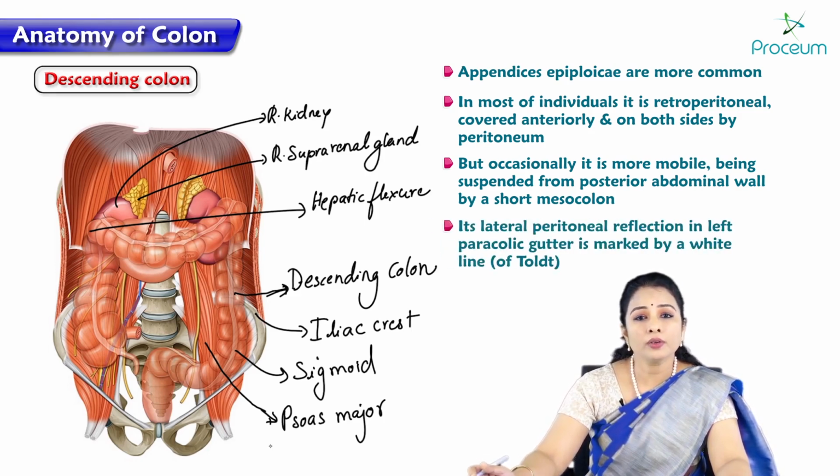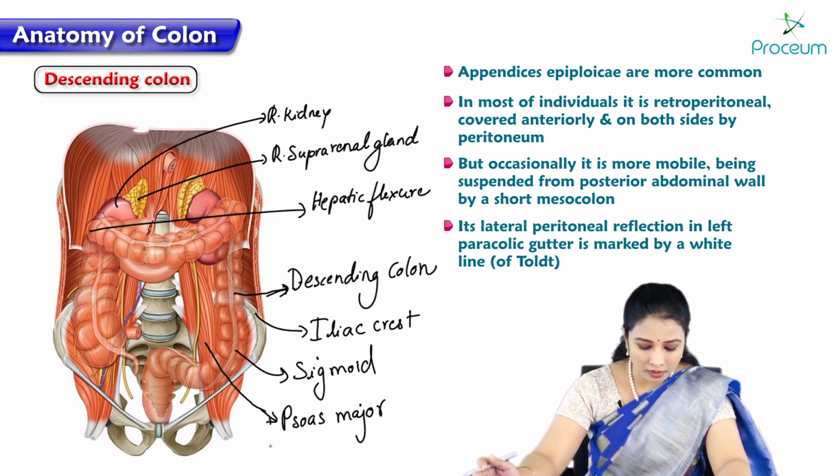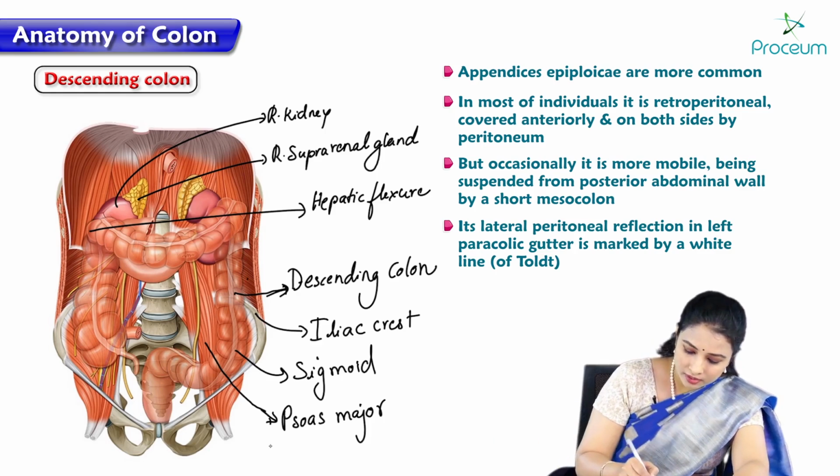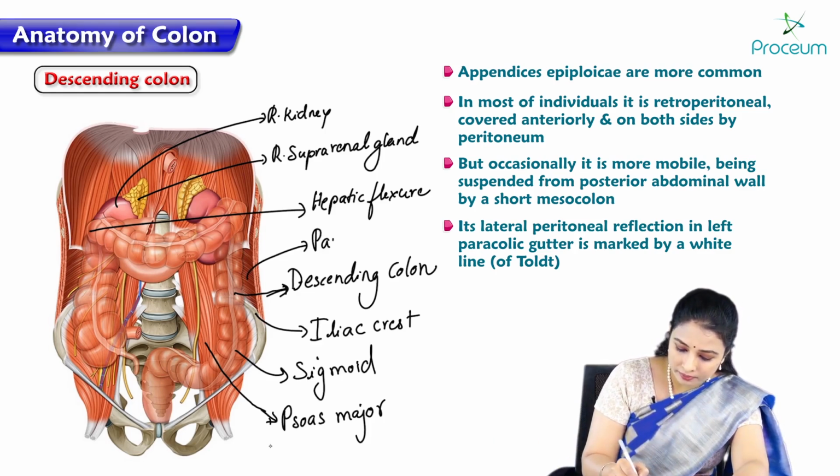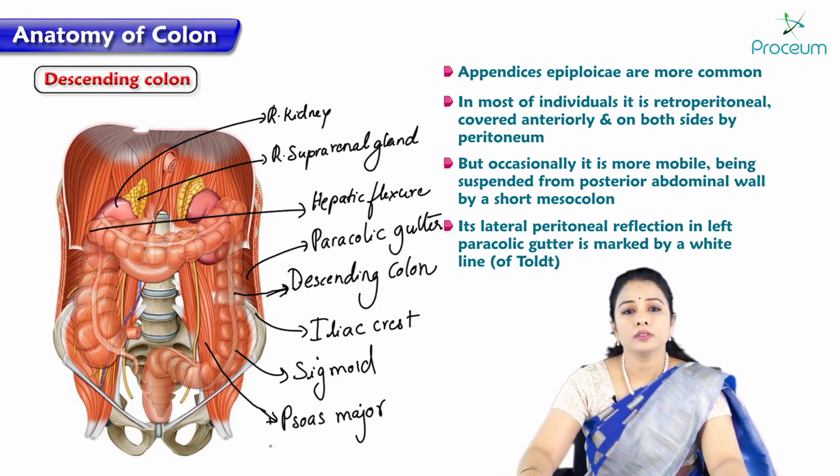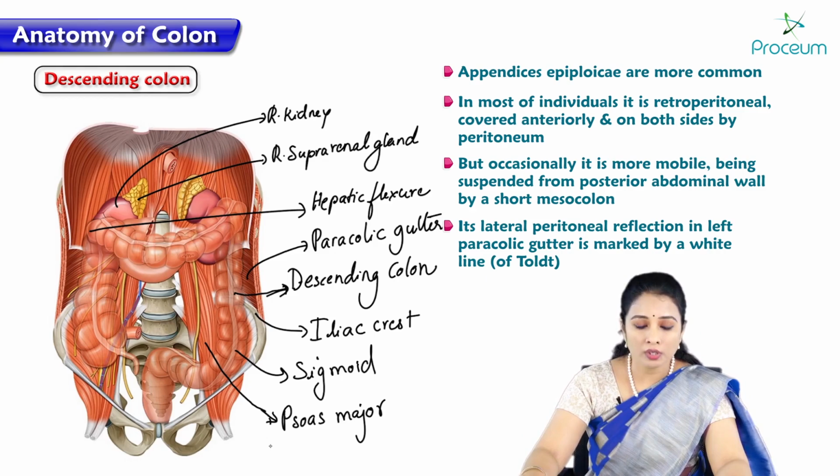Its lateral peritoneal reflection is the left paracolic gutter. It is marked by a white line of Toldt. So here is the paracolic gutter, which is marked by white line of Toldt.